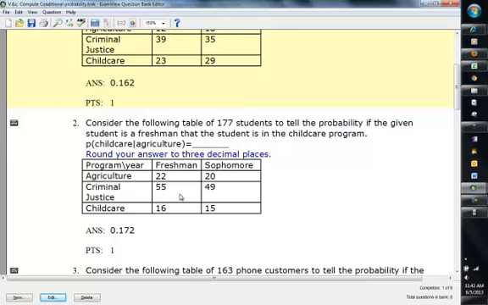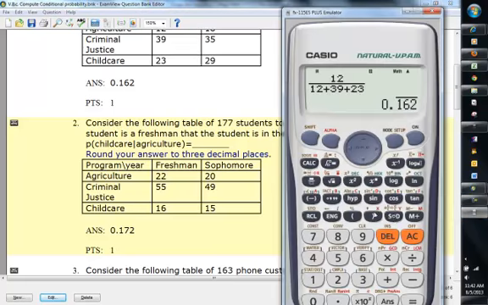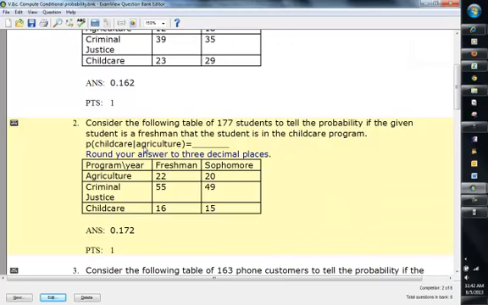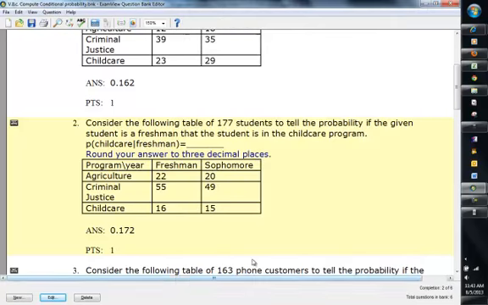Child care, given the student is a freshman, that the student is in the child care program. So let's look at this one. Okay, let's look at this one.